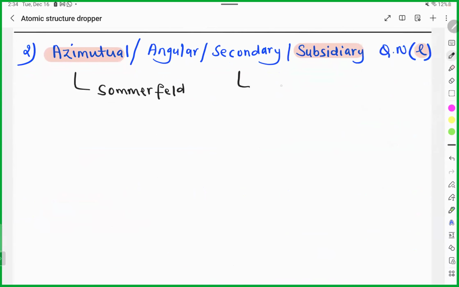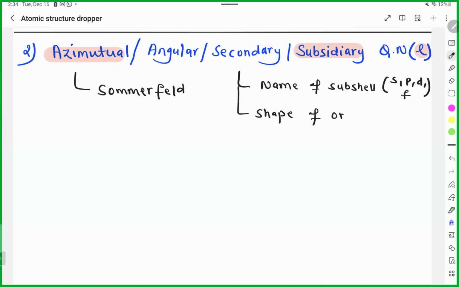The main advantage is you can tell the name of the subshell, whether it is S, P, D, or F. These are the four subshells we have. Because of that, you can tell the shape of the orbital. Remember, size is explained by n.